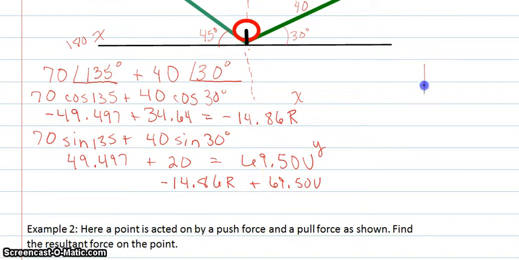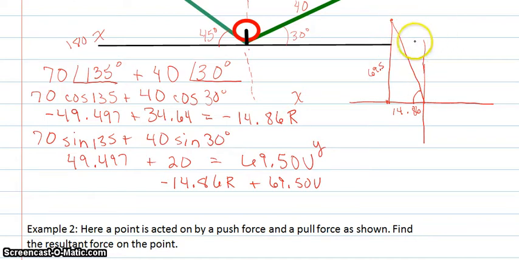So if I was to graph that, this is a rough sketch of it, we would have a negative 14.86 somewhere over here, and then 69.5 somewhere way up here. So this would be the 69.5, and this would be 14.86. So we need this angle and this magnitude right here.